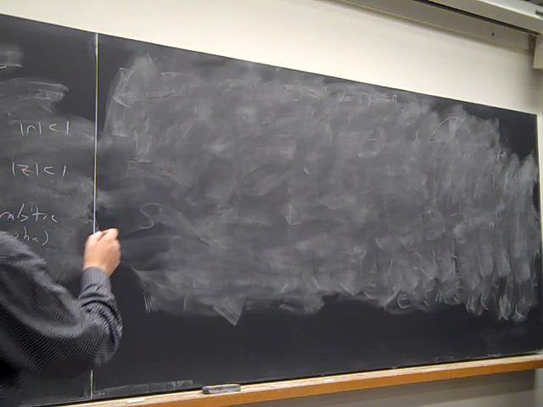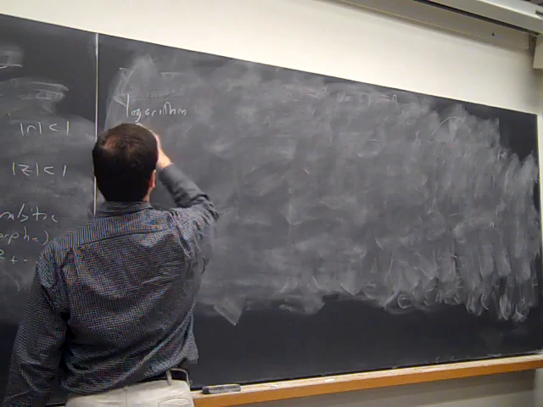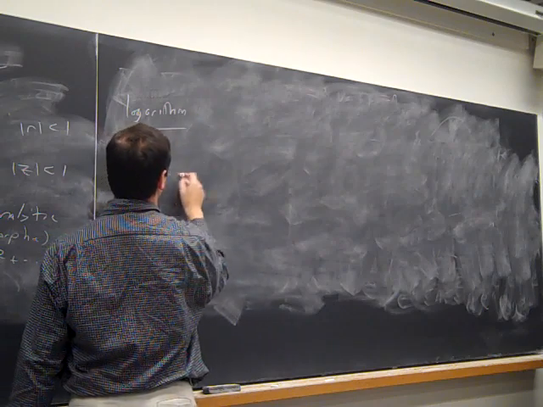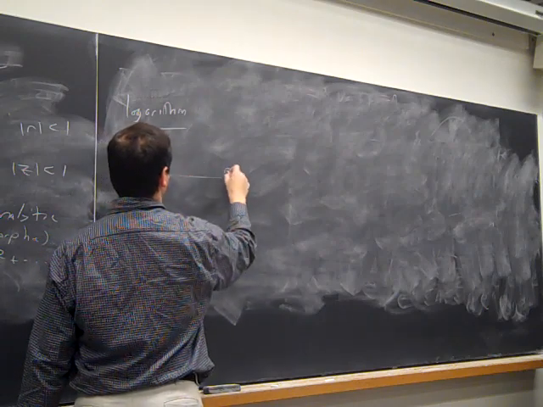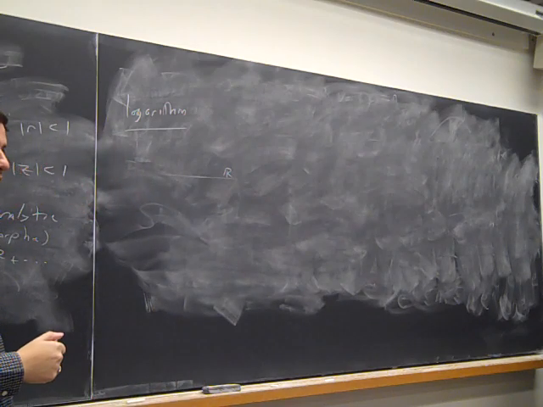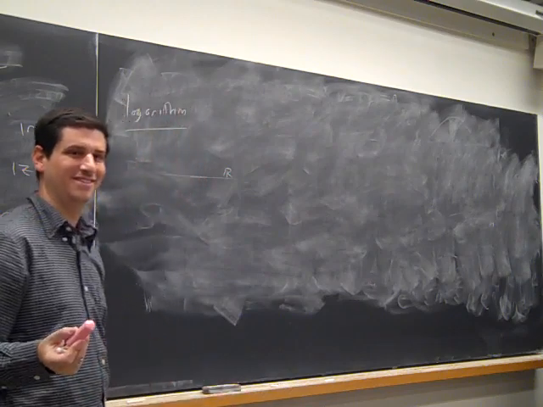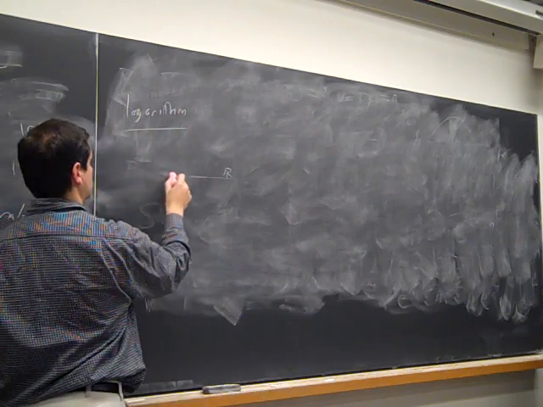So what I can do for the logarithm, I start off where here's the real line, and we understand things on the real line. What's a good place to choose for our branch cut? The negative reals.